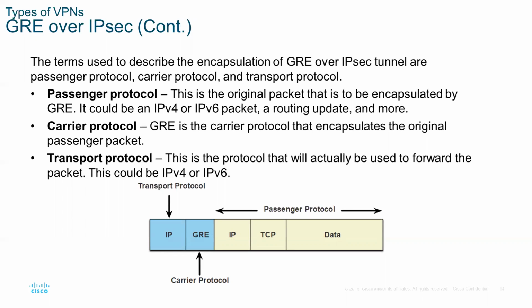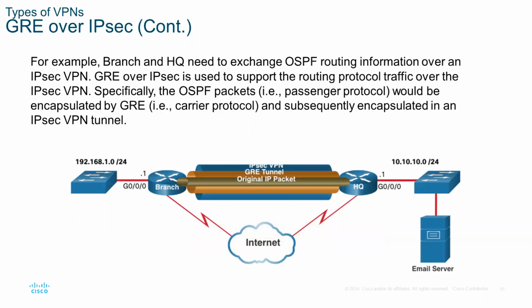So they refer to this as the transport protocol, this outer wrap. That's the one that the IP addressing stipulates the destination on. So in this example, we are connecting between a branch and a HQ unit and exchanging OSPF routing information via the IPSec tunnel.